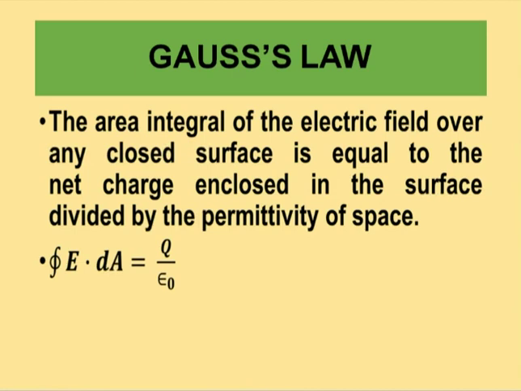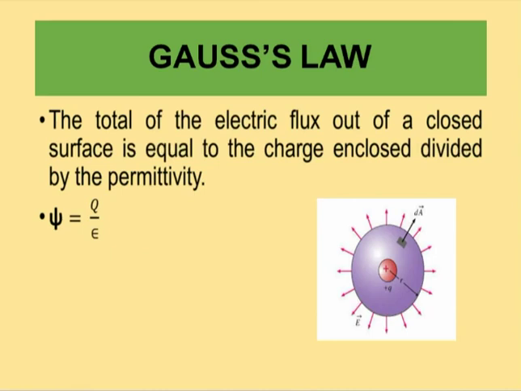We assume that the total surface area of the closed object is given by A. As we are considering a very small portion of the surface area, we have taken the area equal to dA as shown in the figure here.